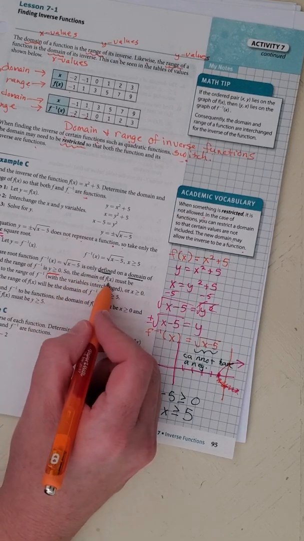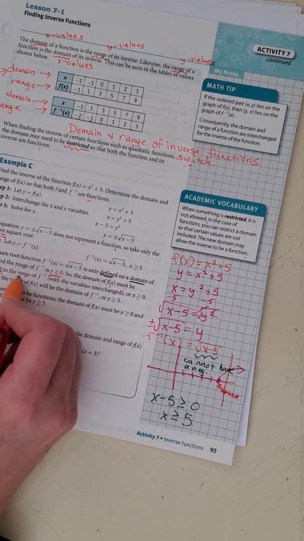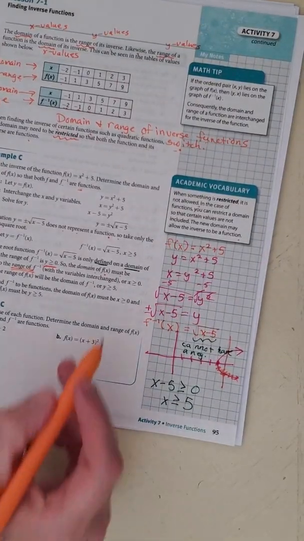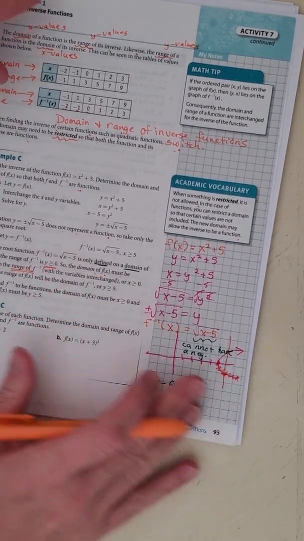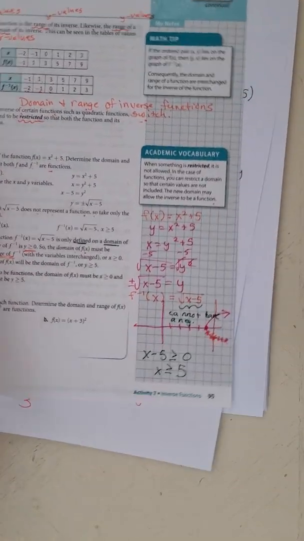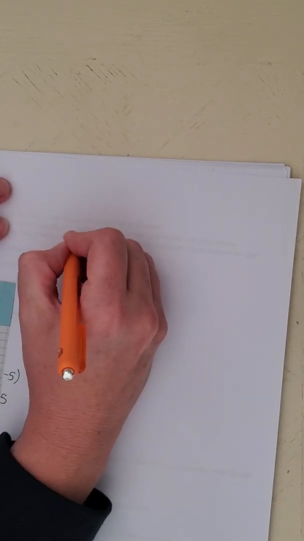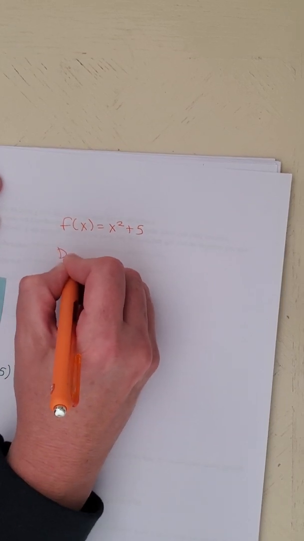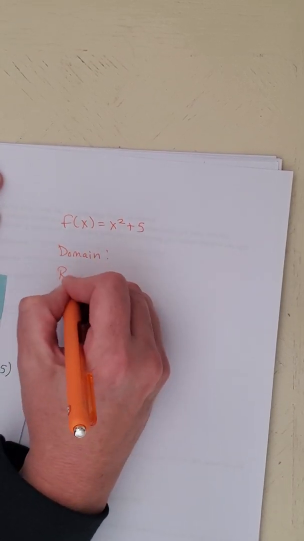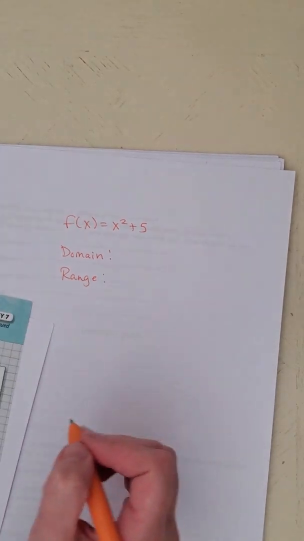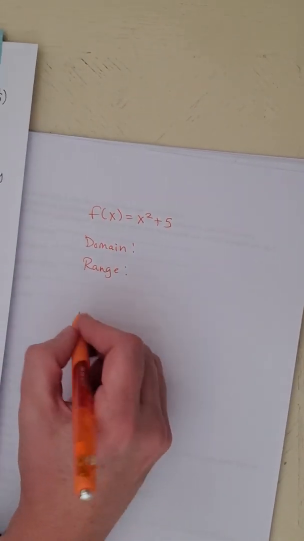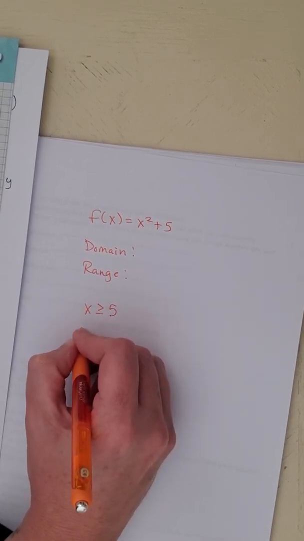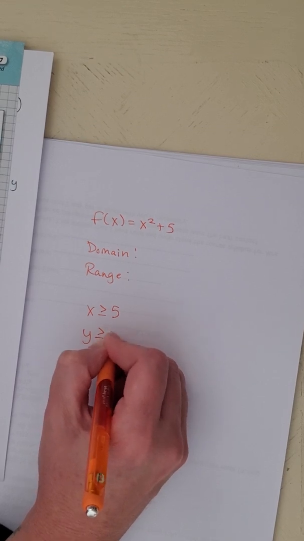So the domain of f of x must be restricted to the range of f inverse of x. What that means is that the domain, I'm going to do it on a separate paper, of f of x equals x squared plus 5, the domain and the range have to be restricted by these two ideas: that x will have to be greater than or equal to 5, and that y will have to be greater than or equal to 0.